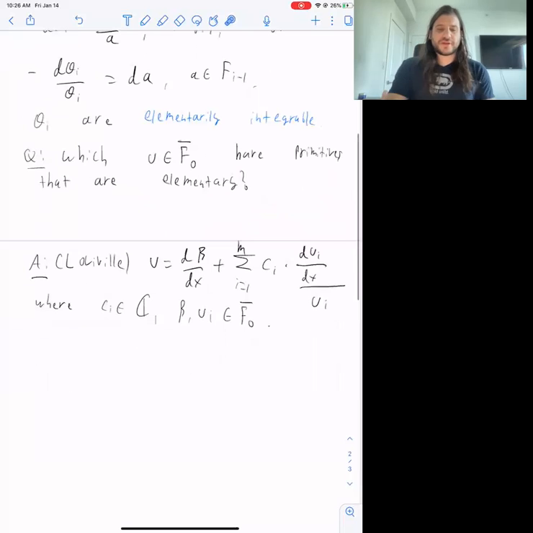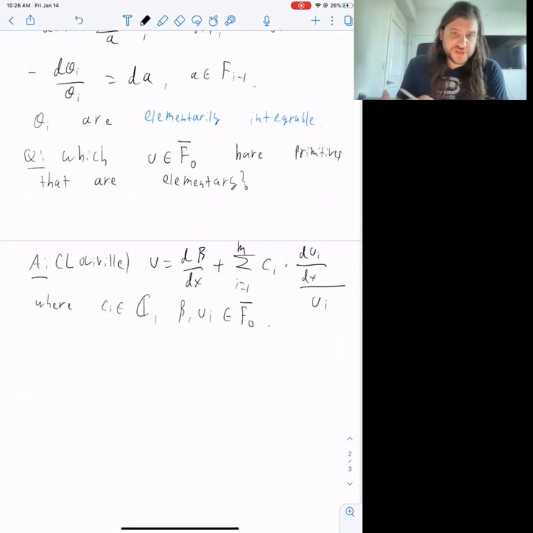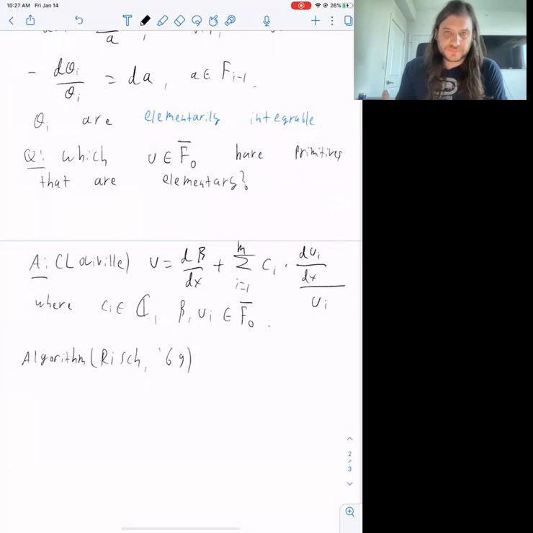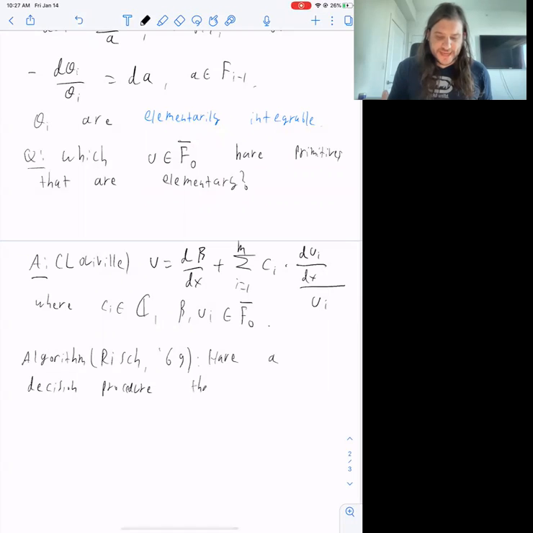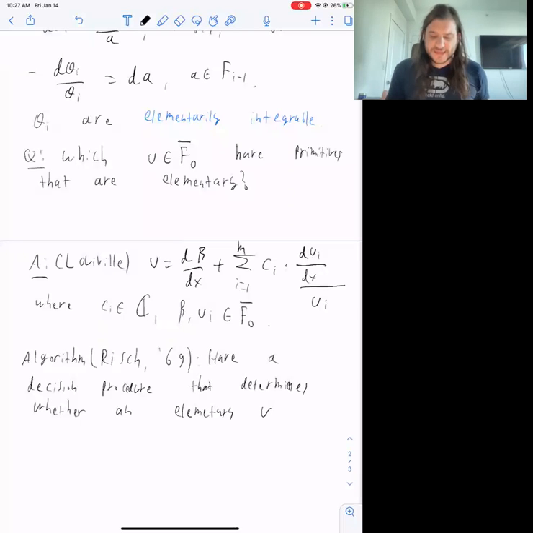And so this was further clarified by Risch in '69, who presented an algorithm, who said that you have a decision procedure that determines pretty generally, so not just algebraic, but whether an elementary function u has an elementary primitive.